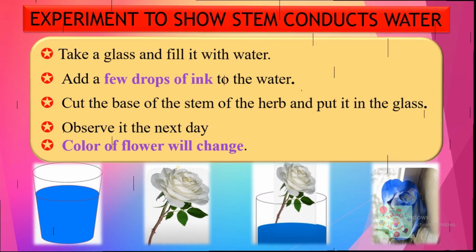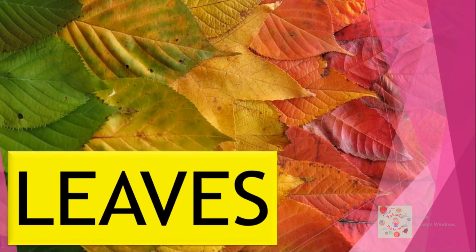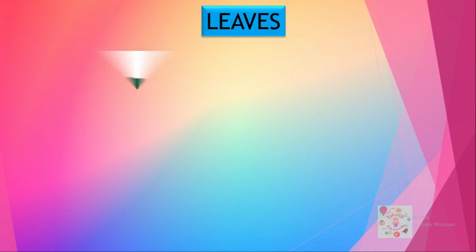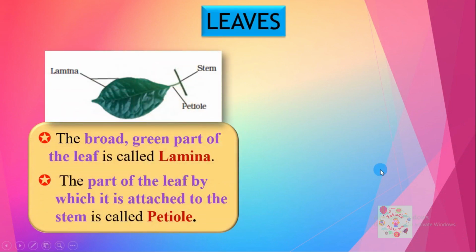Okay, after studying about stem, now let's study about leaves. Under leaves, first we will study about the parts of the leaves. This broad green part of the leaf is called the lamina. Part of the leaf by which it is attached to the stem is called the petiole.